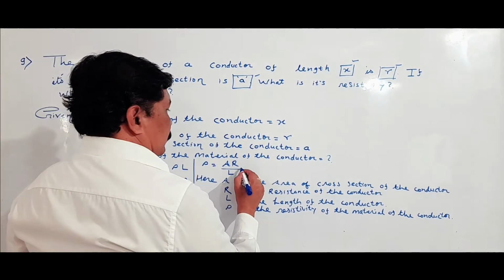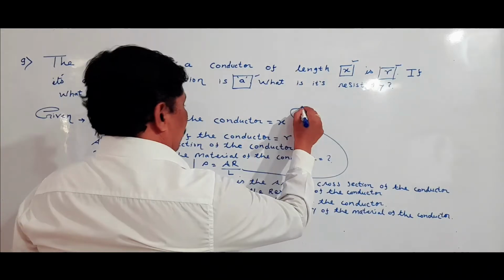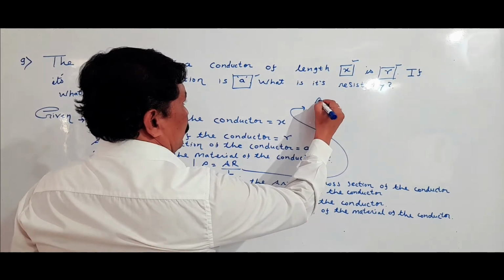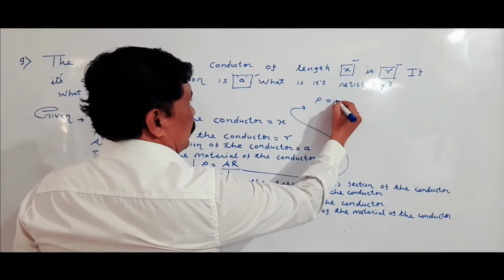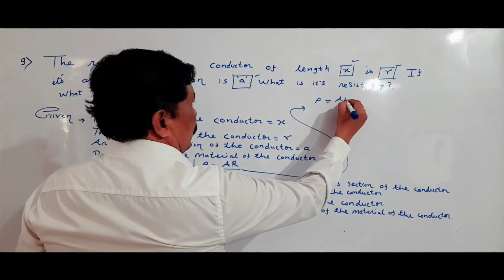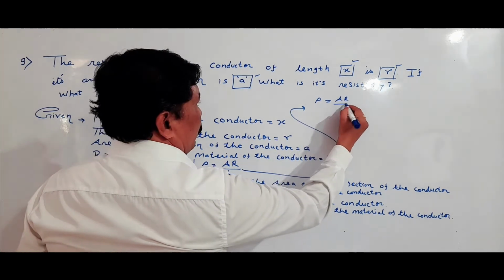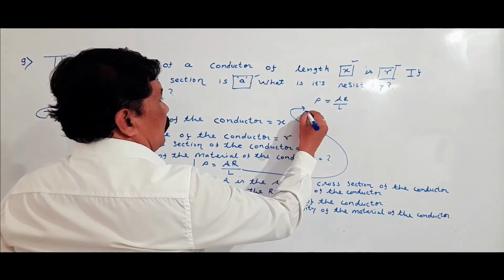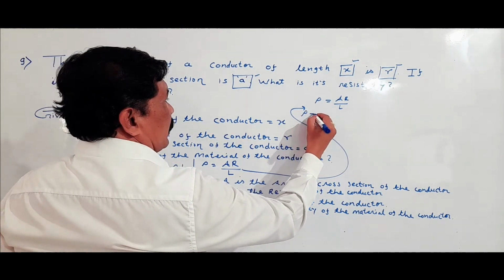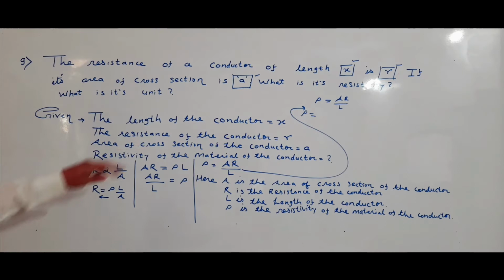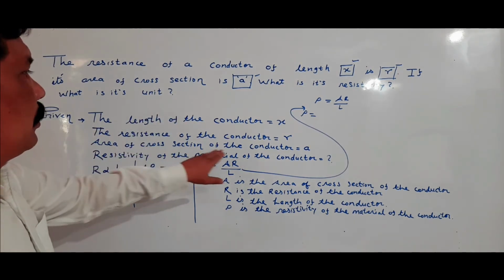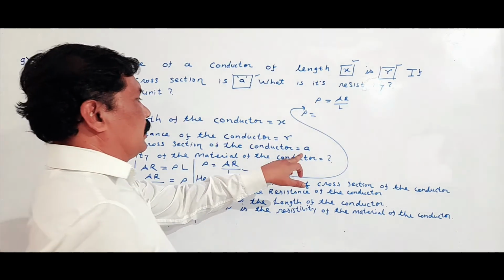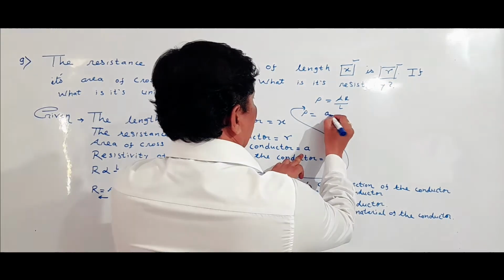Now we'll put the value. Rho is equal to AR upon L. Resistivity of a material is equal to A, area of cross section of a conductor is small a.